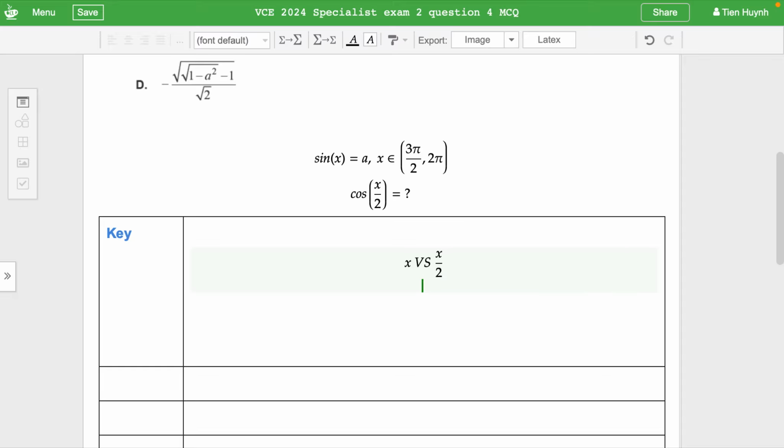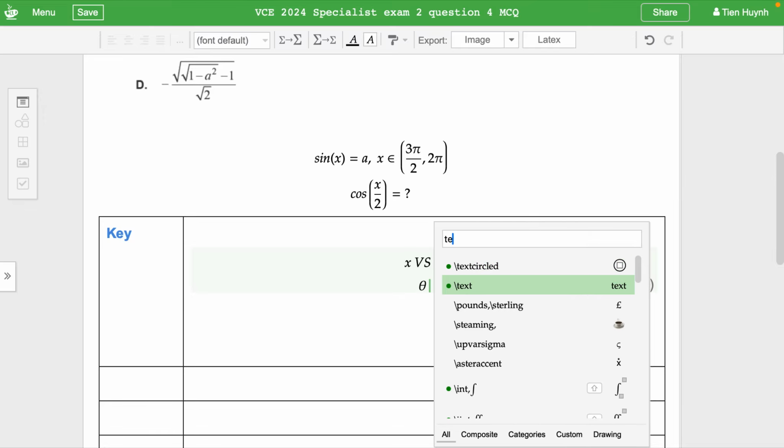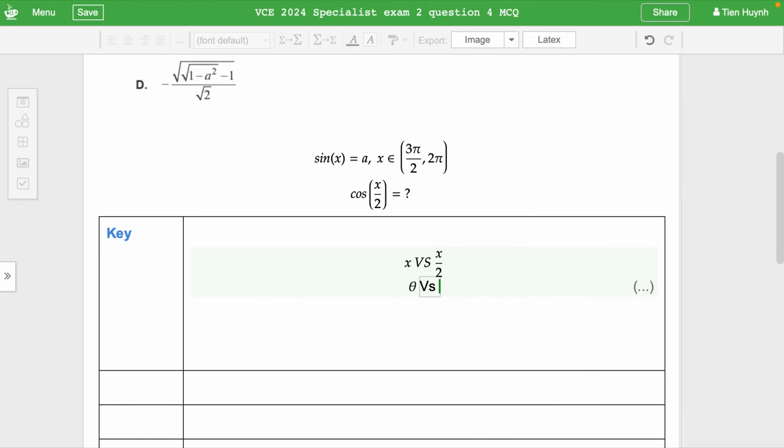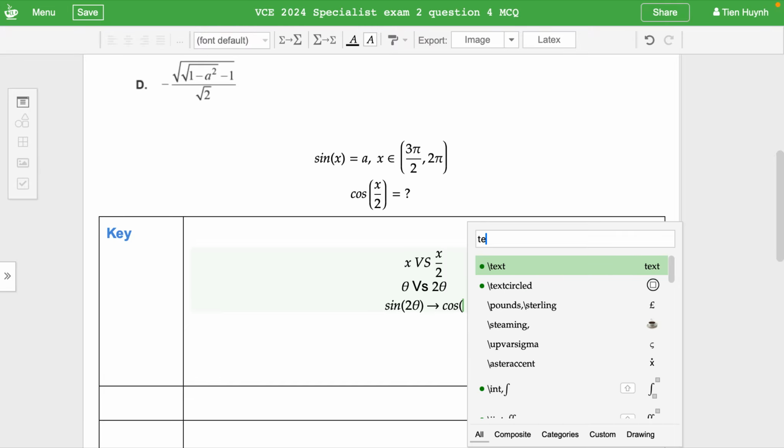Just like the relationship between theta and 2 theta. Given sine of x and asked to figure out cosine of x over 2, it is similar to being given sine of 2 theta and being asked to figure out cosine of theta.